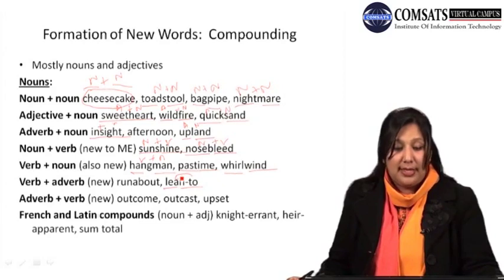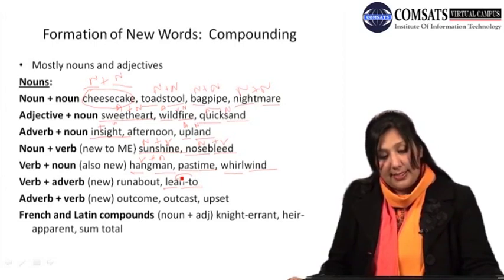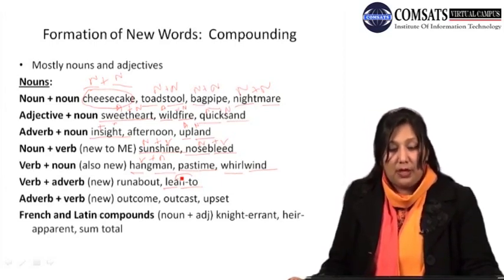Out is an adverb, come is a verb; out is again an adverb, and cast is a verb; up is an adverb, and set is a verb. So it's a combination of adverb and verb, and it makes up compounds.